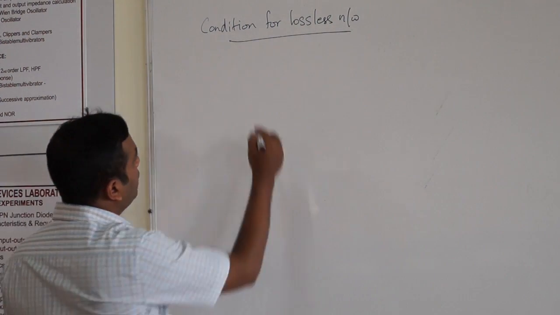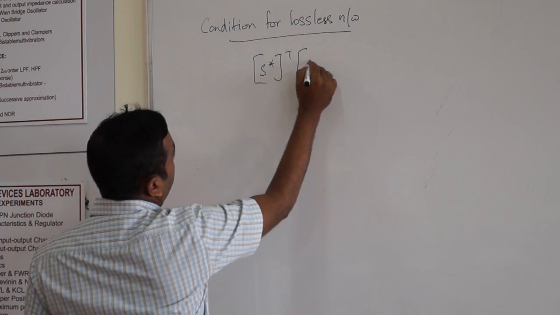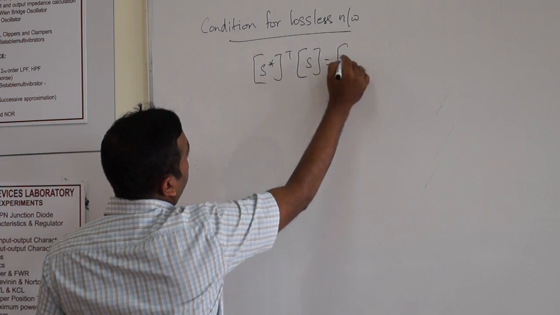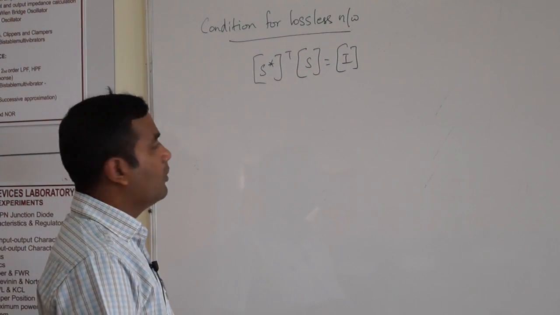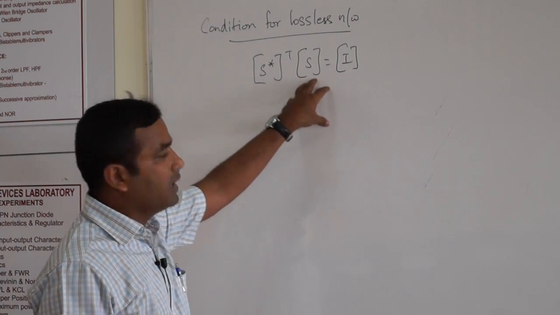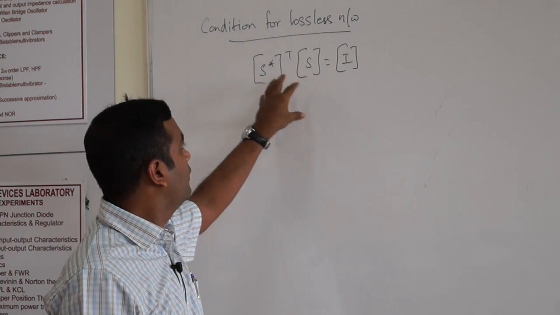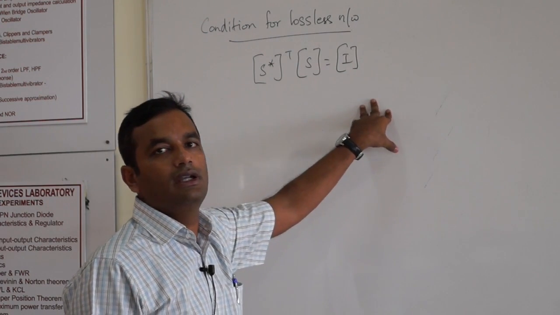We saw that the condition for a lossless network is nothing but S star transpose into S is equal to the identity matrix. If a network satisfies this condition, irrespective of the number of ports, then the network is called a lossless network.